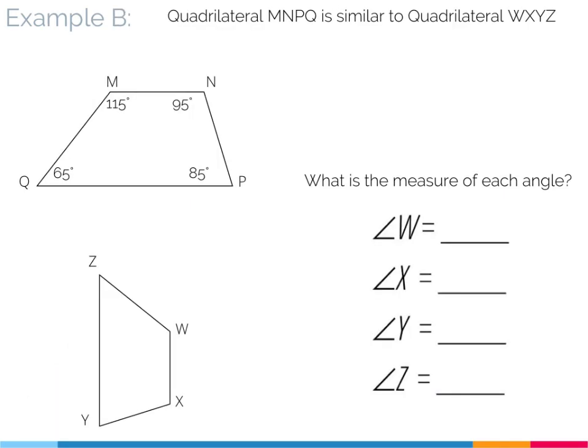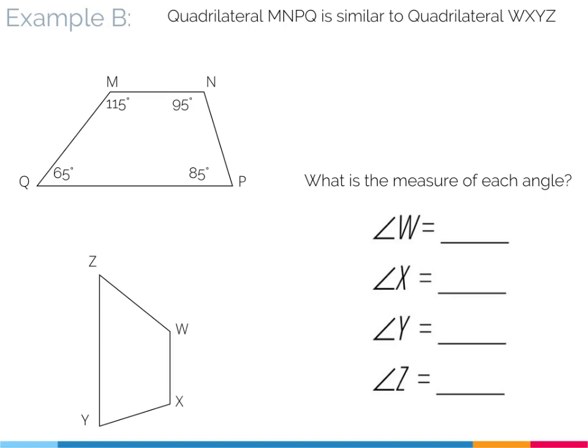Here in example B, we have quadrilateral MNPQ is similar to quadrilateral WXYZ. What is the measure of each angle? And as we talked about at the beginning, if the figures are similar, the angle measurements are going to be the same. So we need to figure out what is the measure of angle W. In order to do that, we need to figure out where W is in correspondence to our trapezoid MNQP.